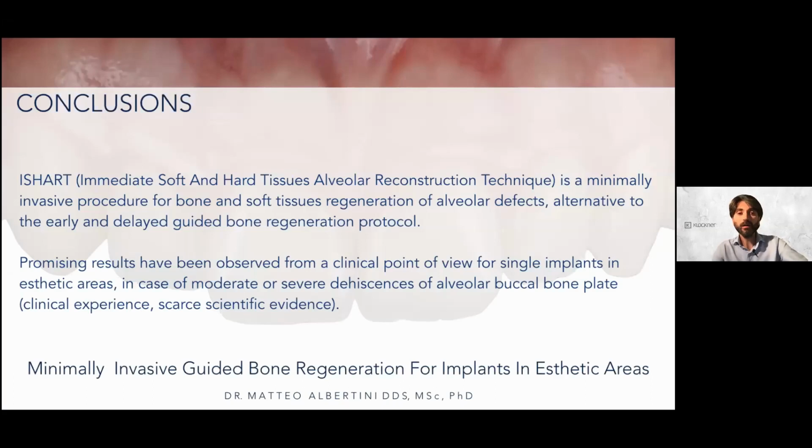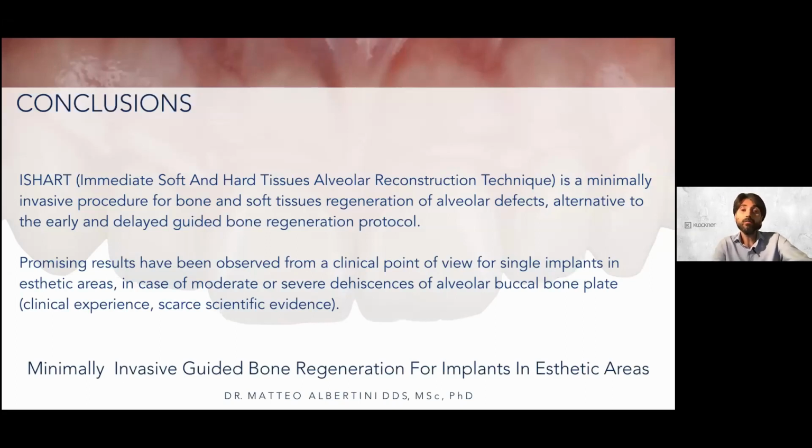So, I want to tell you that this immediate soft and hard tissue alveolar reconstruction technique is a minimally invasive procedure for bone and soft tissue regeneration of alveolar defects, which is an alternative to the early and delayed guided bone regeneration protocol. I can say that in our hands, promising results have been observed from a clinical point of view for single implants in aesthetic areas.